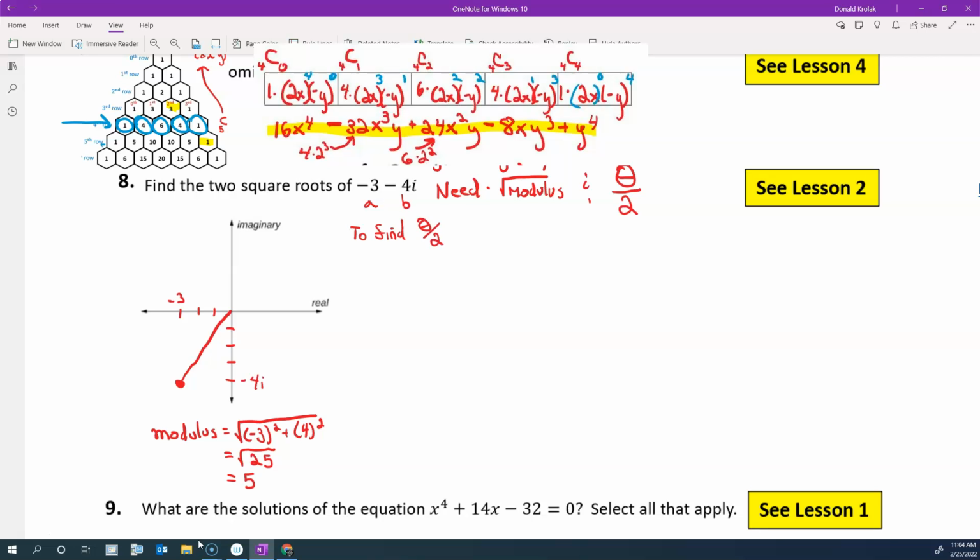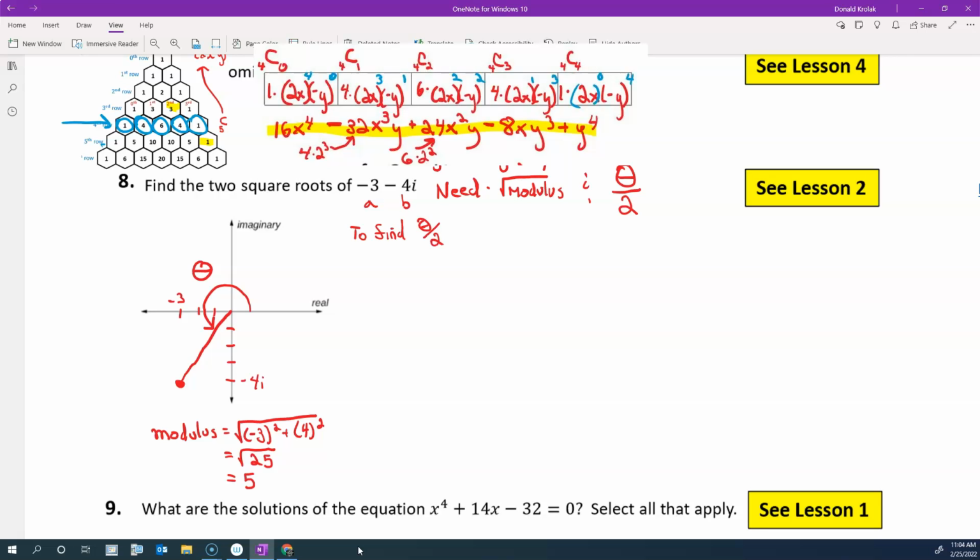Okay, so what we got, this is what theta is. Okay, so we want to figure out what that angle is. That's theta, and then we're going to divide it in half to get the square root of the complex number.